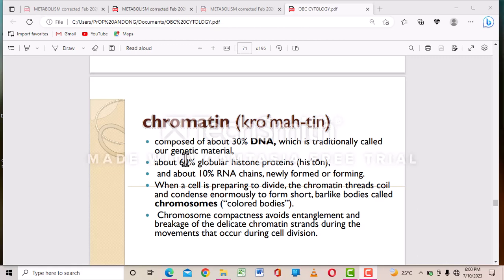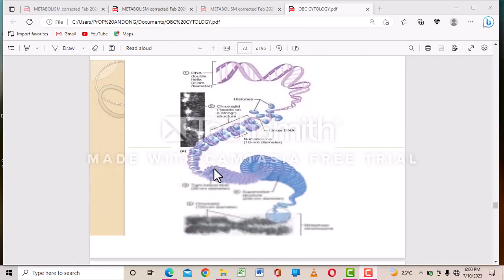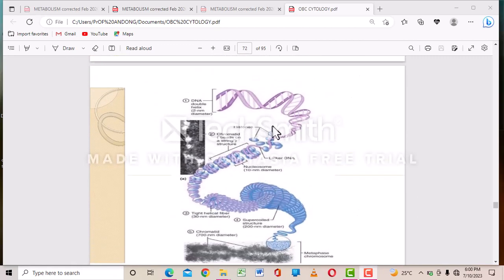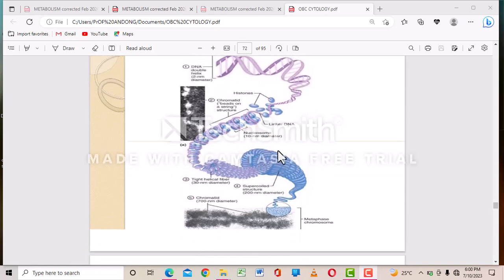Now, the interaction between our genetic material and histones enables our very long genetic material to fit into the nucleus of the cell. This explains it all. These are our histones. This is our genetic material.